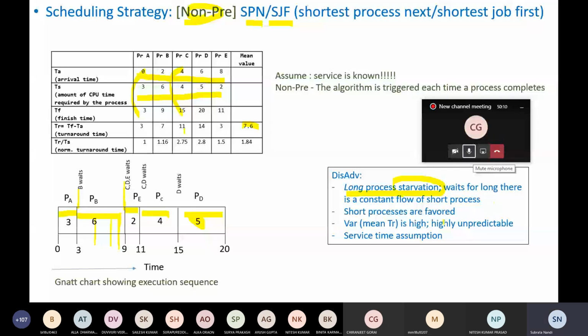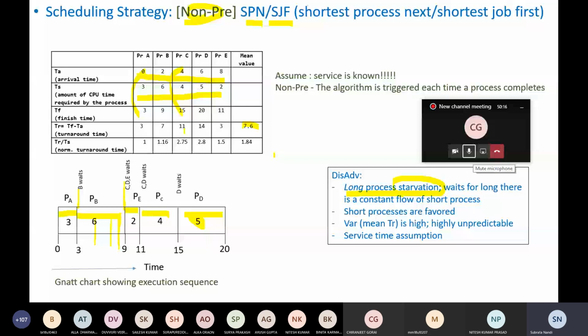Short processes are favored, and another major problem is service time estimation. Service time is not always known, so you have to estimate it. The whole algorithm is based on knowledge of the service time, which is somewhat hypothetical. So that is also a drawback. How can we know that?